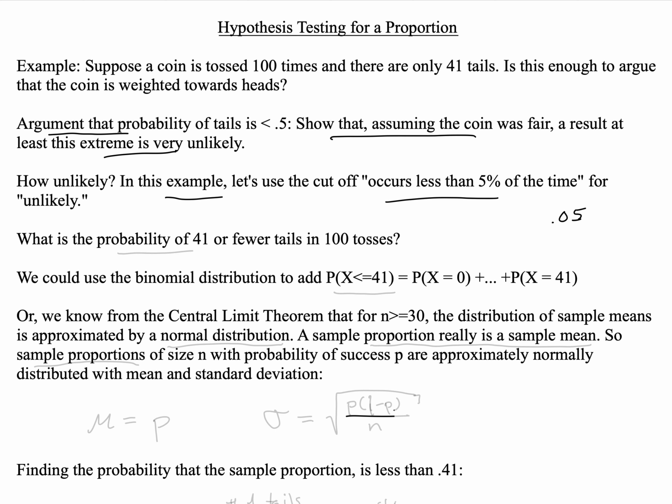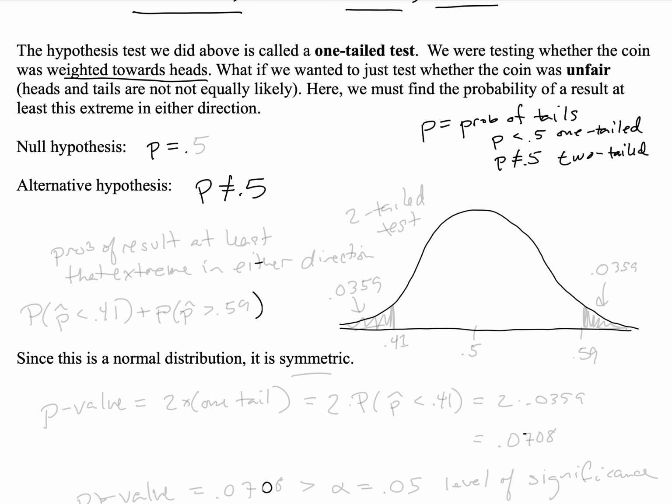And in that case, the alternative hypothesis would be that the proportion of tails is not equal to 0.5, whereas the null hypothesis would be that the proportion of tails is equal to exactly 0.5. So again, before we were only interested in finding a result at least as extreme as 0.41.